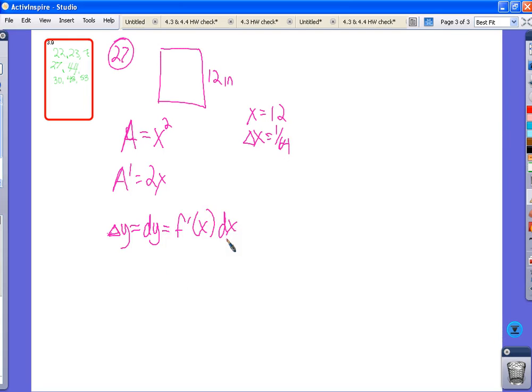Or in our case, a prime of, not 2, of 12, times dx, which is 1/64th. And actually dx could be positive 1/64th or negative 1/64th. You could be off by too much or off by too little.